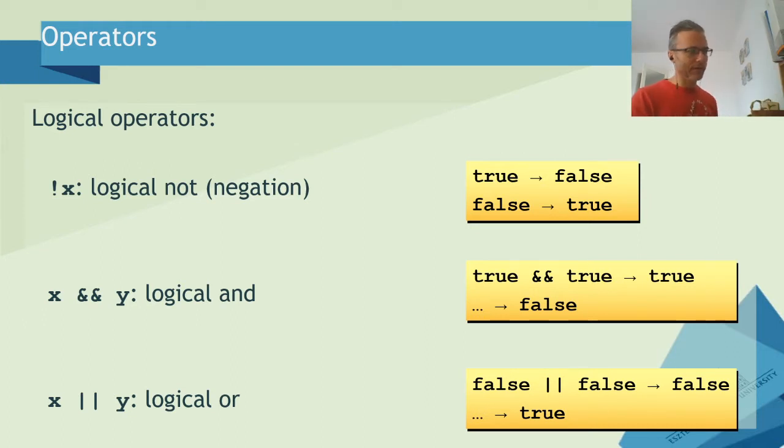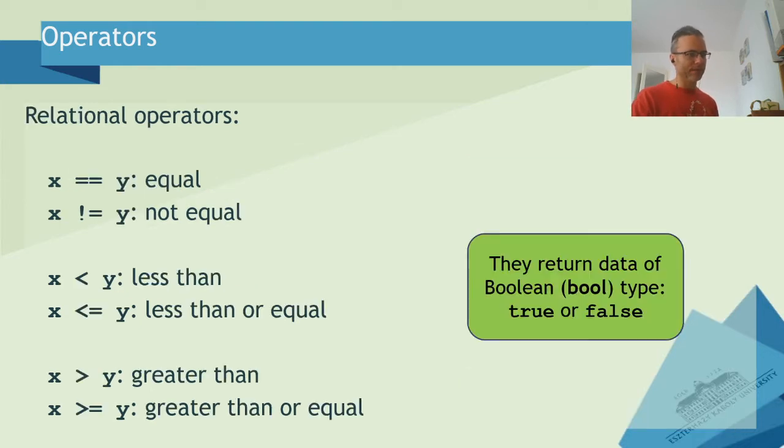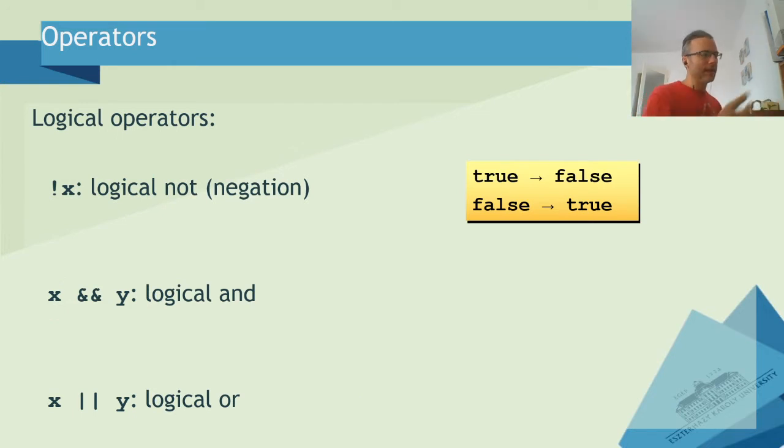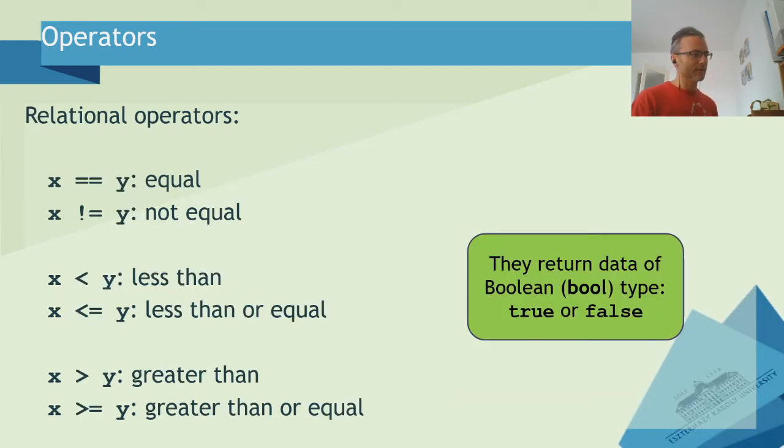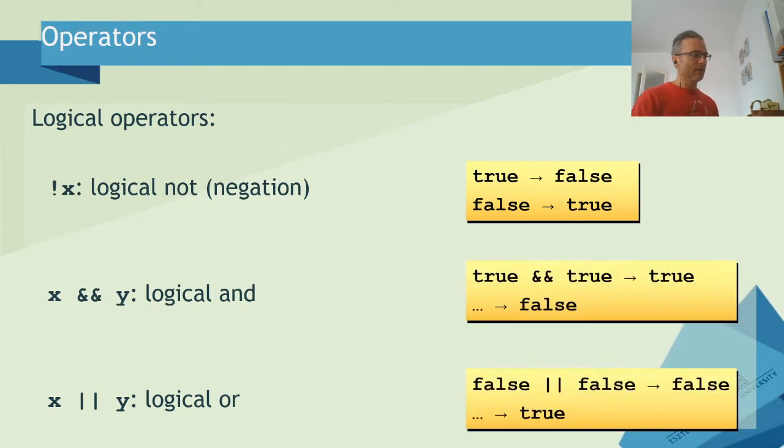So these are logical operators. They operate over logical values, or in other words, bool values, true or false. Negation, or logical NOT, of course, means that we flip the logical value. If you have a true condition, it becomes false, and the other way around. Logical AND is much more interesting. If you have two conditions, for example, two comparisons, you can connect those by using logical AND.